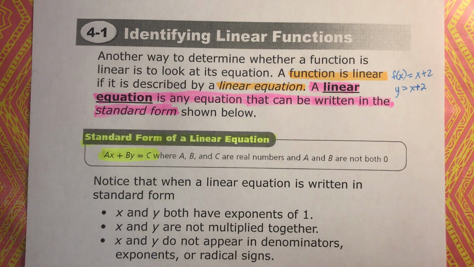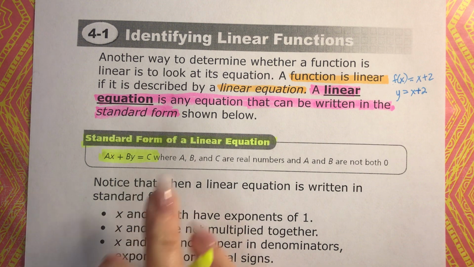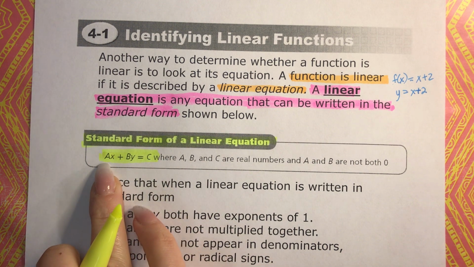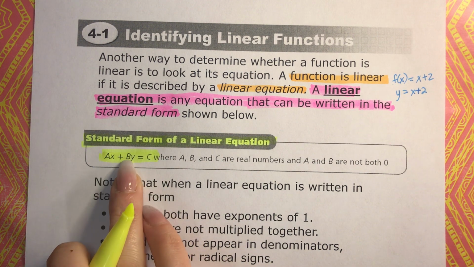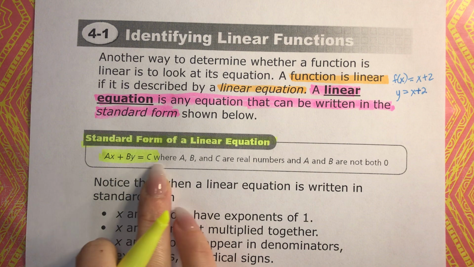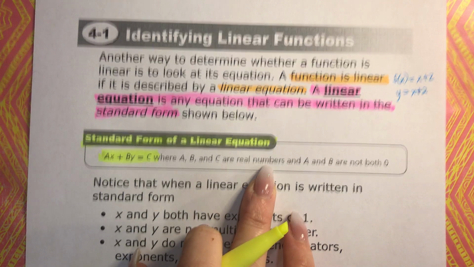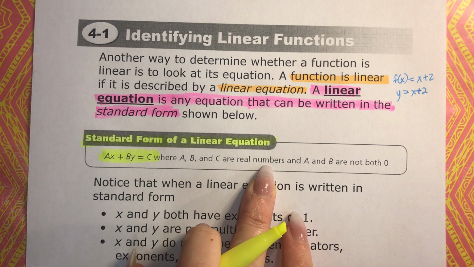All right, notice that x and y are on the same side of the equal sign, right? And then there are these letters in front of them. A is in front of x, B is in front of y, and C is just over here by itself on the other side of the equation. Now what it says is A, B, and C are real numbers, okay? Remember real numbers? Those are positive and negative numbers. They can be anything. They can be decimals, they can be fractions.